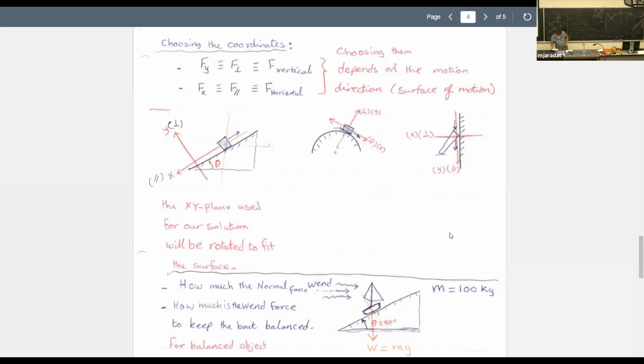There is an example, a long one, for a boat going down this slope with angle theta, and we have mass M. I think the mass is 100 kilograms.